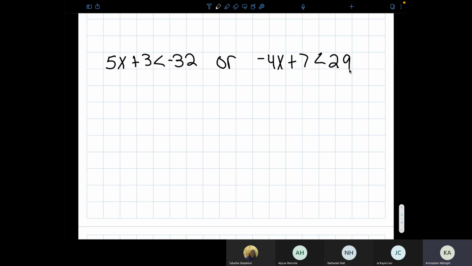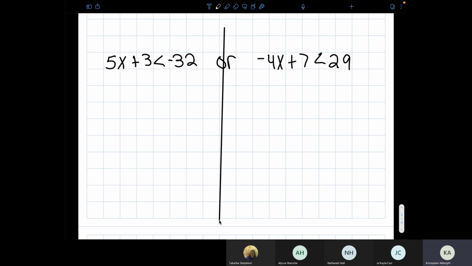And this is bigger than what we've seen before, but it's not any different. We treat it the exact same way, and then we handle the or. So we're going to divide these in half. I'm just going to divide it right down the middle, and we're going to get back to the or in just a second. So we're going to treat them like two separate problems, and we're going to solve them for x.